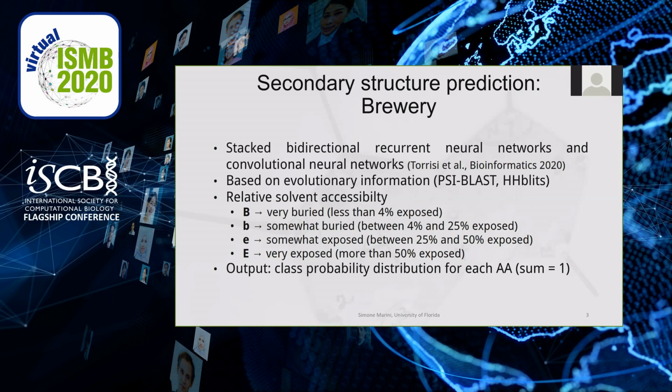Now, Brewery for any amino acid or protein will output the probability distribution for 4 classes, namely very buried, somewhat buried, somewhat exposed, and very exposed.